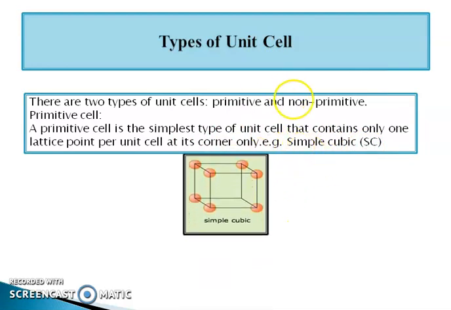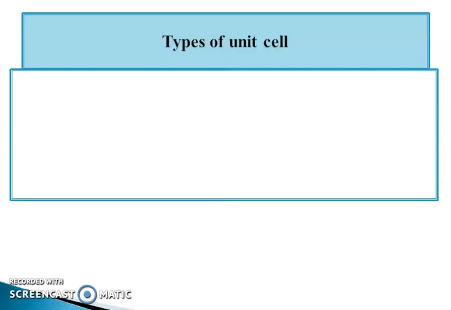See the figure. Here we are observing that there are 8 corner atoms at the corners of this cube. Such a structure is called a primitive unit cell.